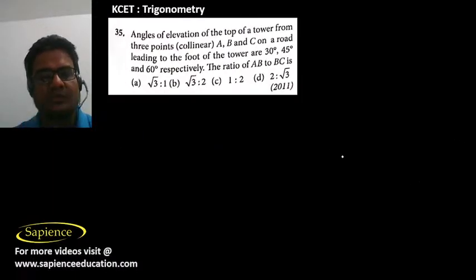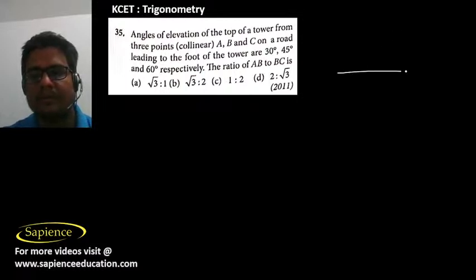Then it is told that angles of elevation of the top of a tower. So one tower is there.